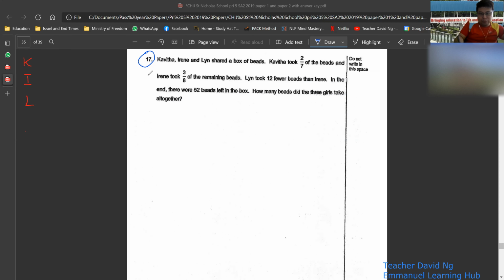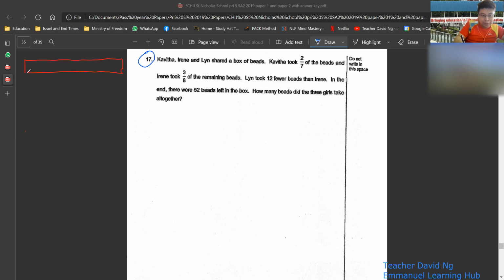Okay, probably another way to draw the model is to use the pull down approach. This whole length represents all the beads, instead of distributing K, I, and L.